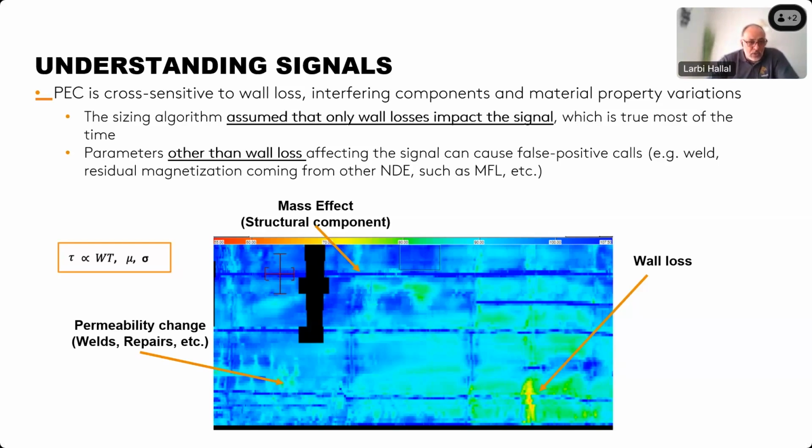So that's why we also introduce two other views, the Tau-Scan signal and the PermTool, which are two dedicated tools with the lift that allow you to make the difference between a false positive and a real wall loss at the end.